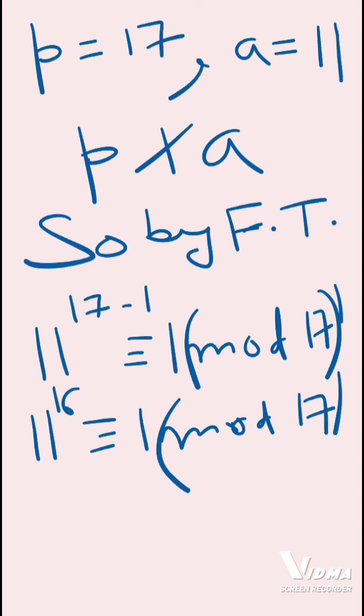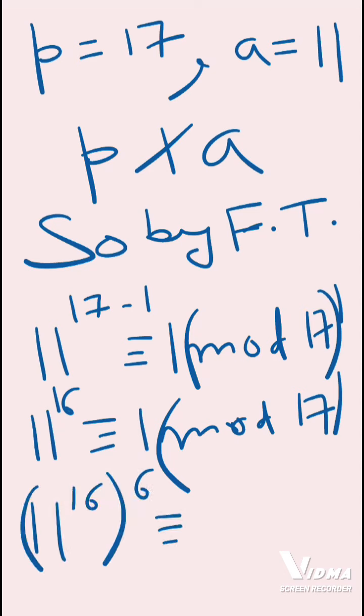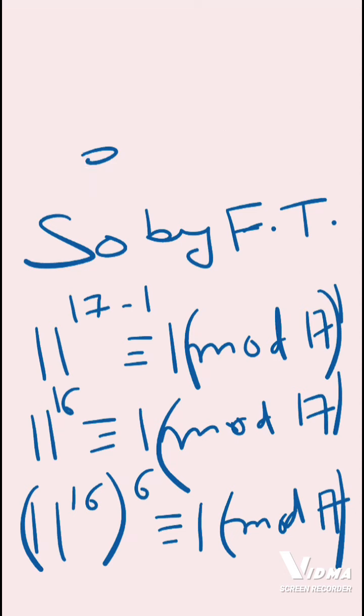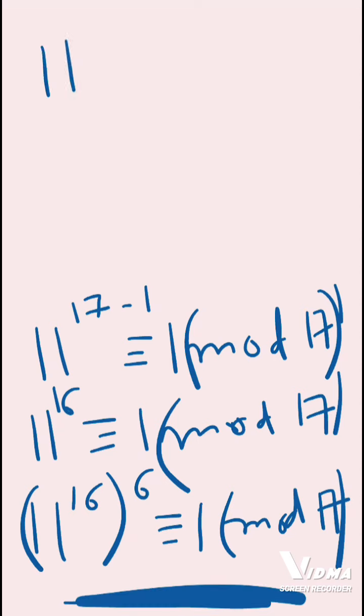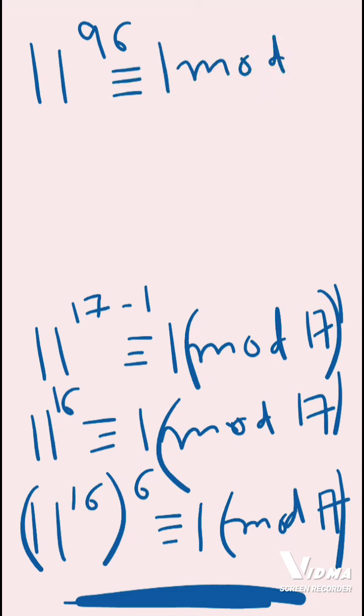So that will become 11 raised to 16 times 6 congruent to 1 raised to 6, which is 1 itself, mod 17. So I get 11 raised to 96 is congruent to 1 under mod 17.